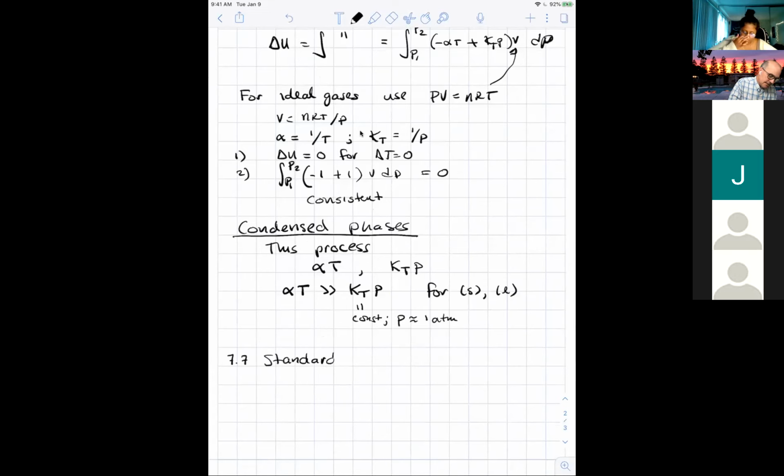Let's now talk about standard states. Okay. So one thing we want to realize in thermodynamics is that pressure is of utmost importance in thermodynamics.